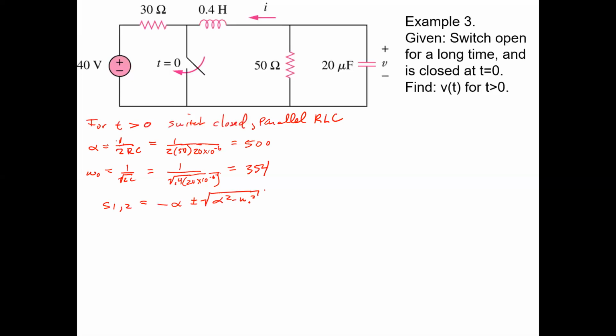The typical formula for alpha says that the roots for s are going to be minus 854 and minus 164.